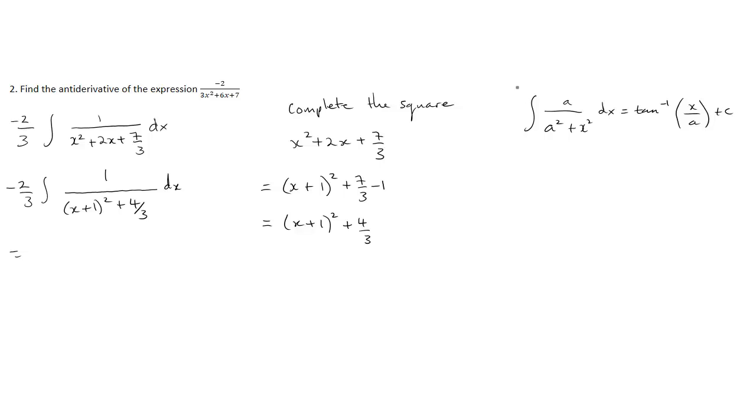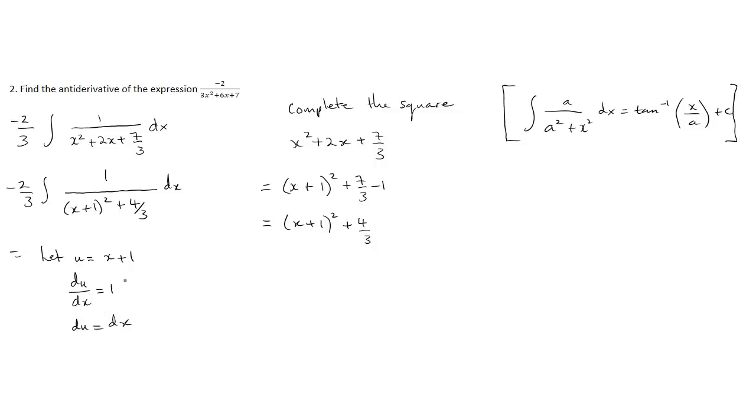So this is what we're going to be using in this expression, because it's in the same form, but the denominator might not be as clear to see. So we're going to let u be equal to x plus 1, and then du over dx is equal to 1, and du equals dx.